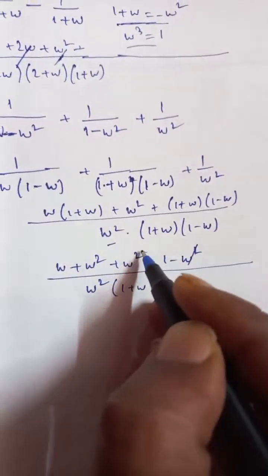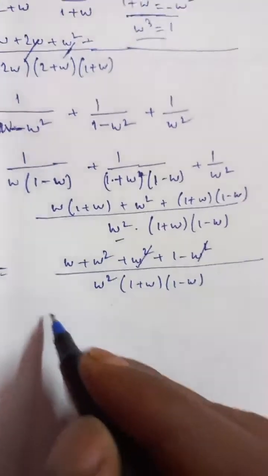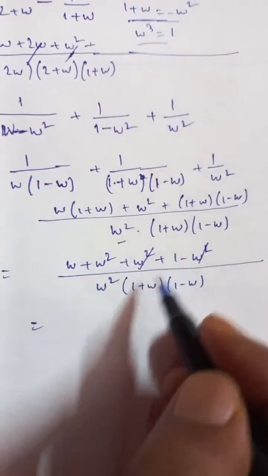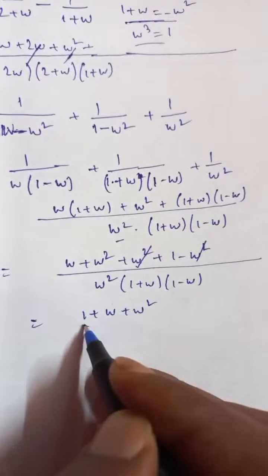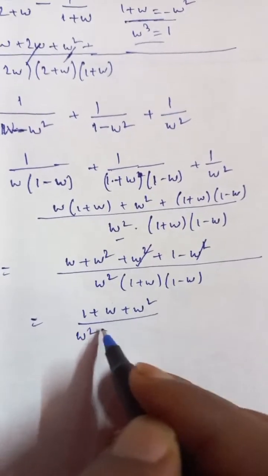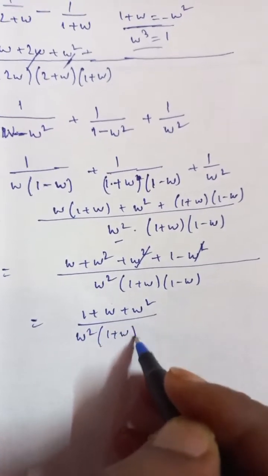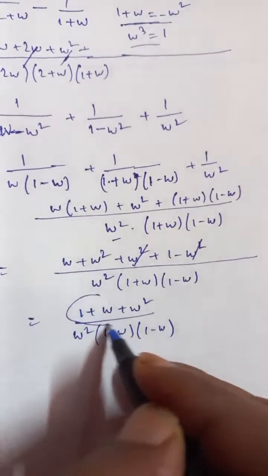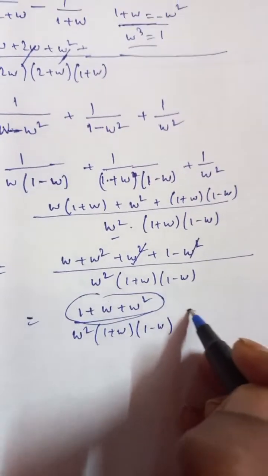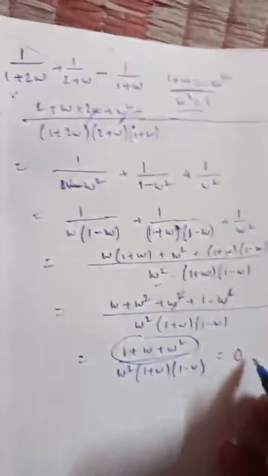So these cancel each other. So we have 1 plus omega square in the numerator, and the denominator is omega square, 1 plus omega, 1 minus omega. So this is equal to 0. So this expression is equal to 0.